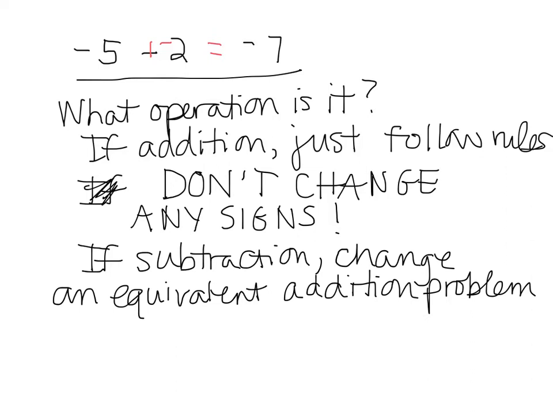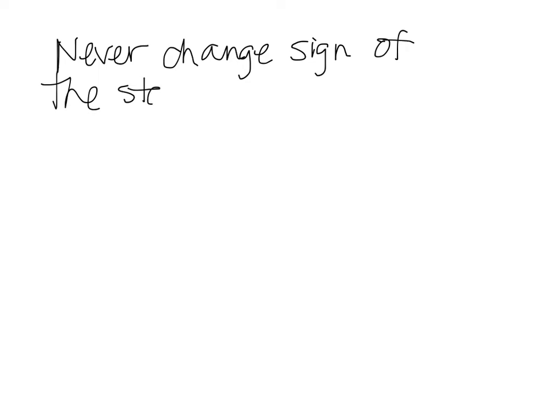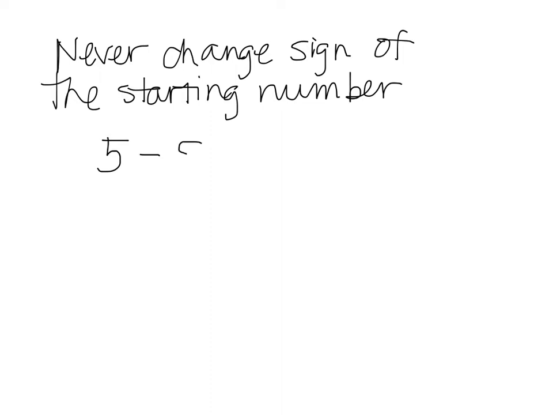Remember though, think about the checkers. Never change the sign of the starting number. Think of it as the checkers. If I want to say 5 minus 8, I'm starting with the number 5.